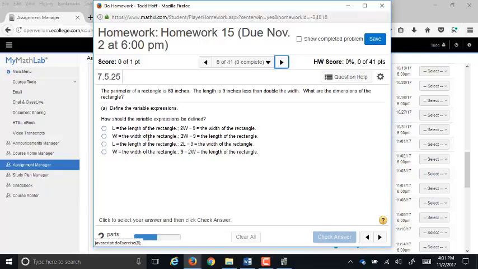Okay, so we got the perimeter of a rectangle. Your numbers are probably different than mine, but the perimeter of a rectangle is 60 inches. The length is 9 inches less than double the width. What are the dimensions of the rectangle?